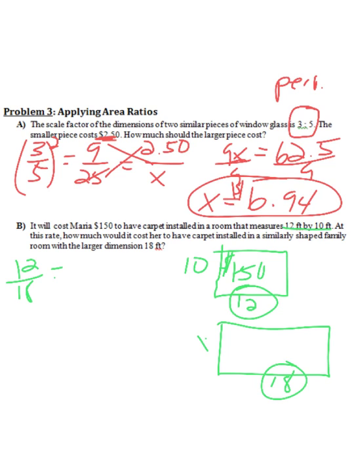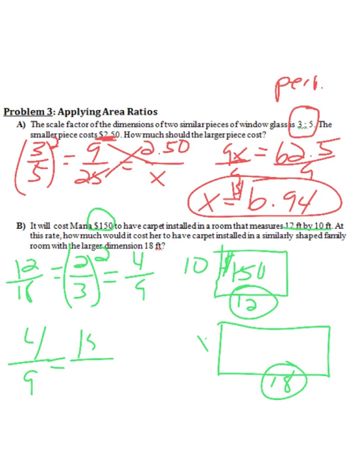12 over 18, that simplifies down to 2/3. Now again, we're talking cost, and just like with the cost of glass, cost is an area ratio. So to find our area ratio, I square the 2/3, giving me 4/9. Okay, so 4/9 is my area ratio. My cost was $150, and that was for a smaller room, so 150 is going to go with the smaller number in the ratio.